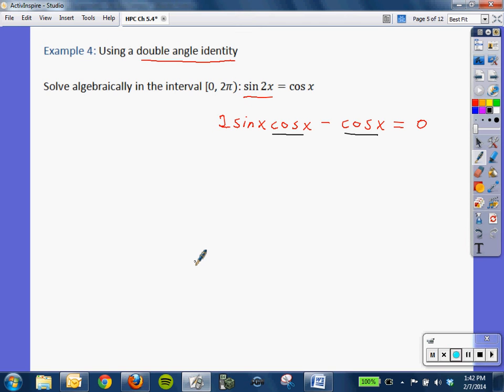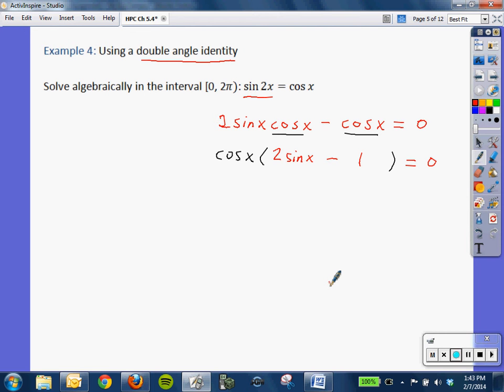So let's factor out the cosine of x from both terms. On the inside of the parentheses, we'd be left with 2 times sine x minus 1.